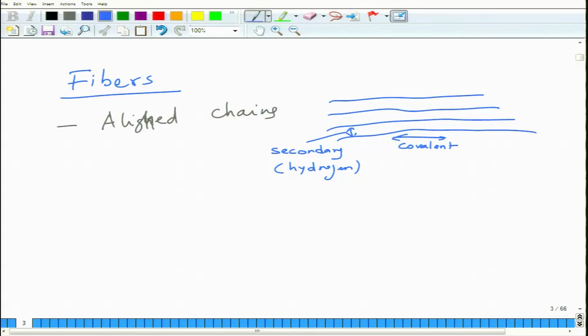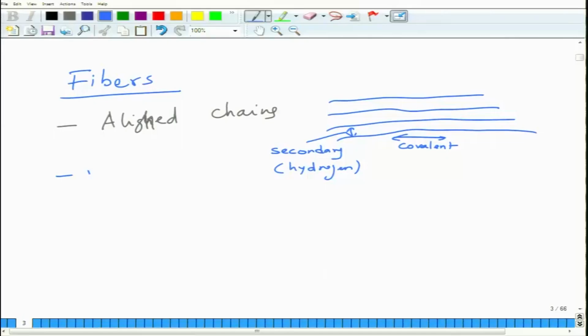So, it is like a tree. If you look at the structure of a tree, the tree has a fibrous structure in which the chains of molecules along the bark axis are all aligned in one direction and they do not go crisscrossing. As a result, the tree is very strong in that direction. You can rupture the tree along the axis very easily, but cutting perpendicular to the axis takes a lot of effort.